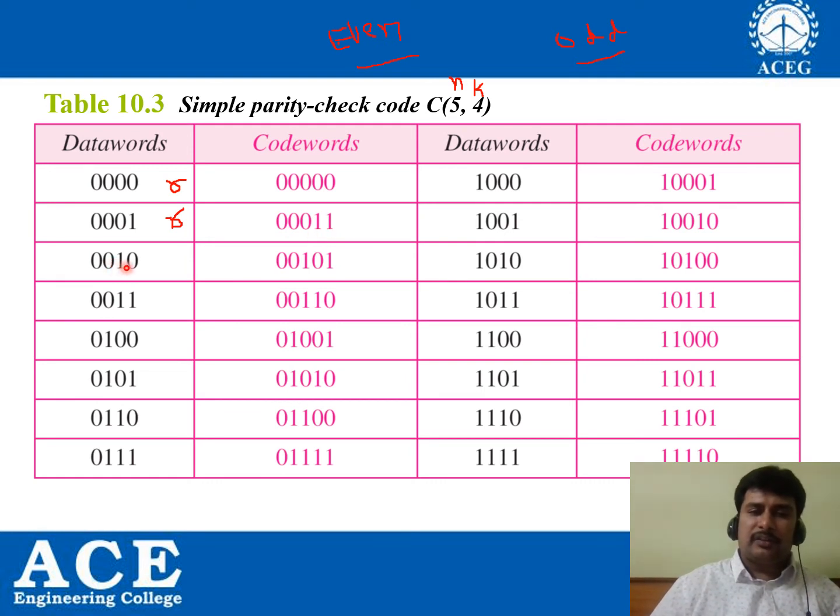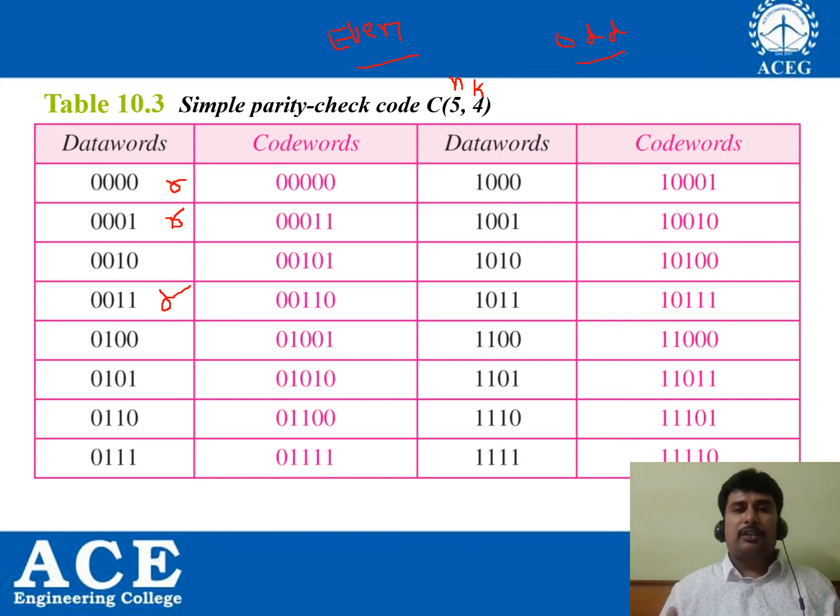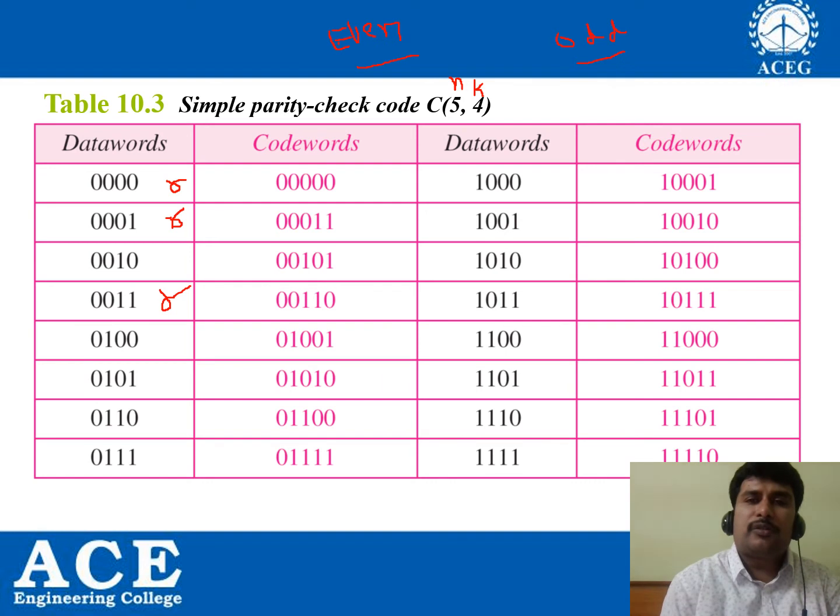Third, 0 0 1 0, the number of ones is odd, so the redundancy bit should become 1 so that the total ones are even. 0 0 1 1, here the total number of ones is already 2, which is even, so the r bit should be 0. So depending on the type of parity required, the value of the r bit should be set such that the total code word follows that required parity.